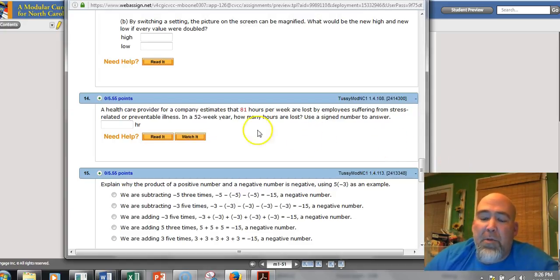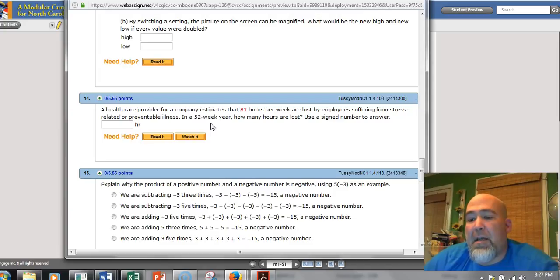So you have a healthcare provider for a company that estimates that 81 hours per week are lost by employees suffering from stress-related or preventable illness. In a 52-week year, how many hours are lost? So each week, there's 81 hours. And again, we have 52 weeks in a year. So does it make sense that we should be multiplying these numbers?